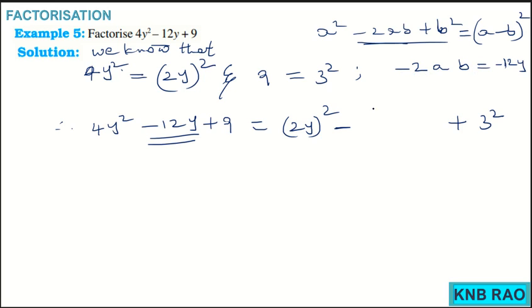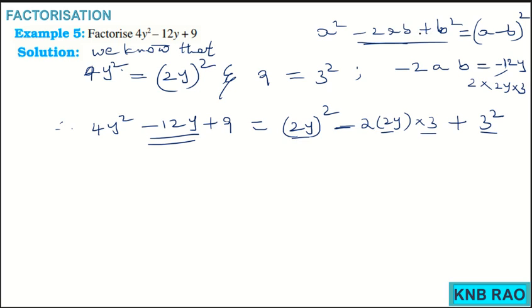Negative sign is there, no problem. 12y, can I write this as 2 into 2y into 3? Obviously, yes. So, 2 into 2y is 4y, into 3 gives definitely 12y. So, with the minus sign, thus this a has come here, this b has come here.